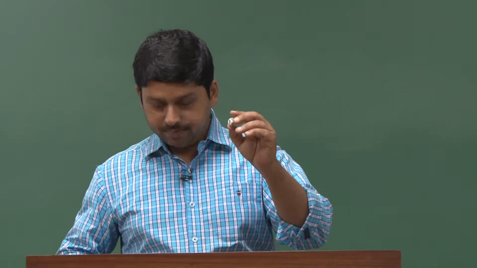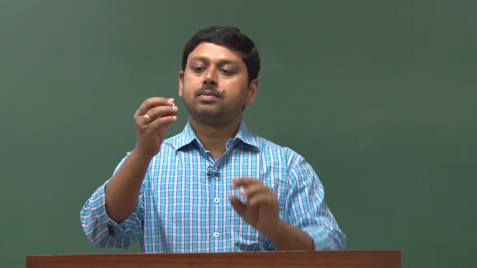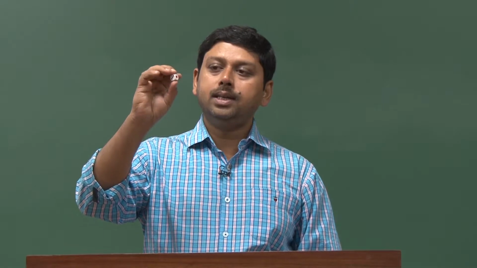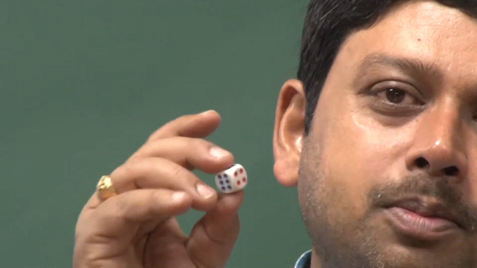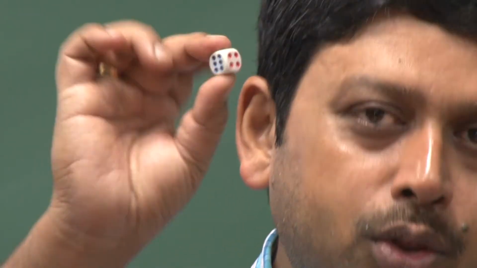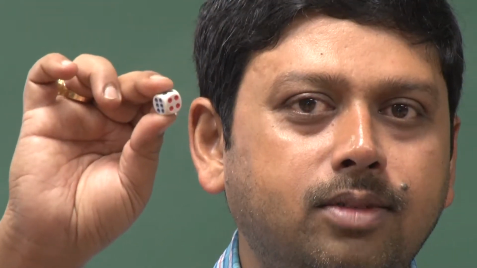Here is a dice, as you can see, and all of you probably have seen a dice, but it is interesting to see it when you talk about it. This is a dice which has 6 possibilities only. If you throw it, we can never get 7 or 8 or any other thing, we can only get the 6. So, this is our sample space in which we have to move around.